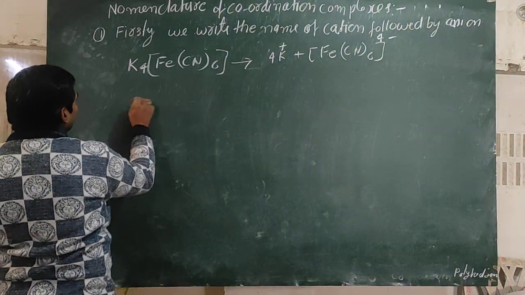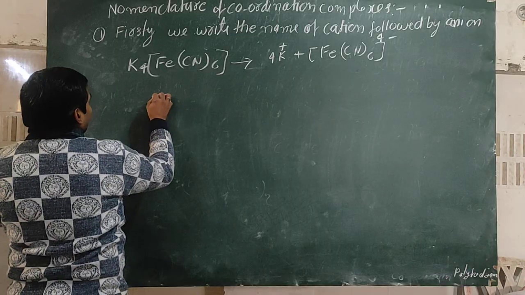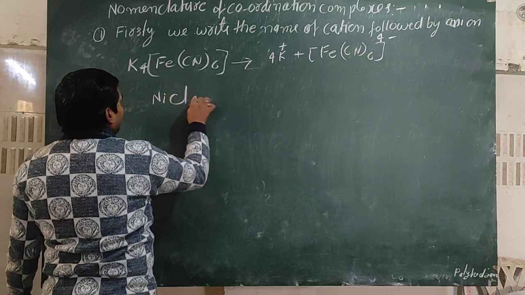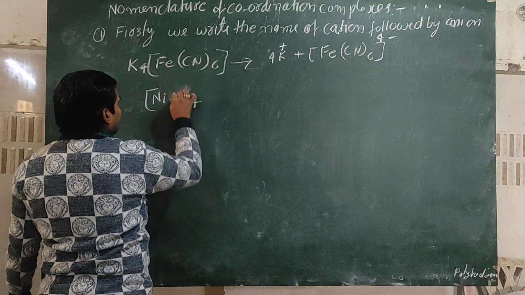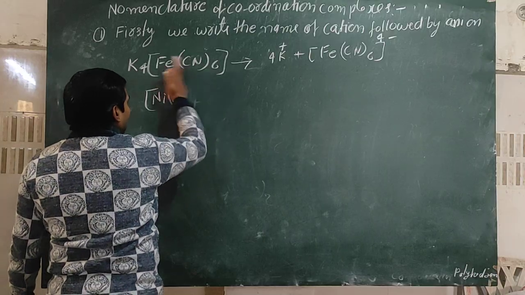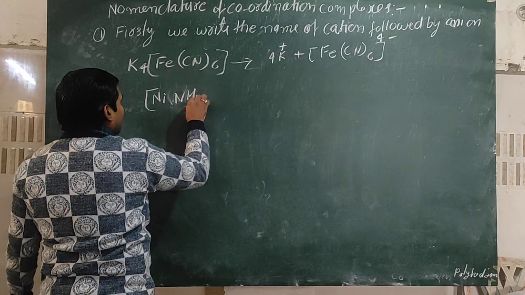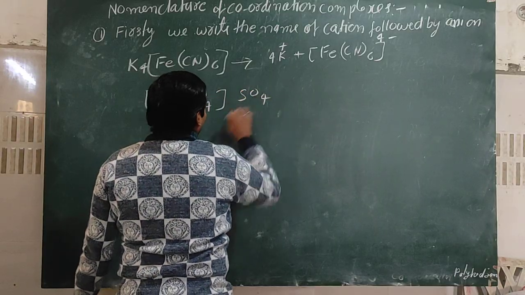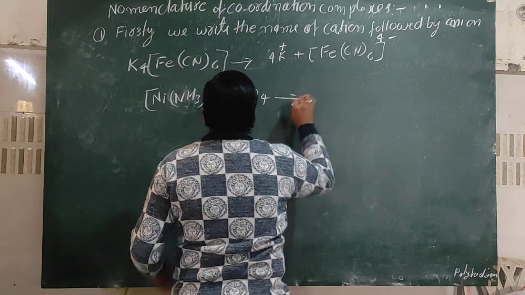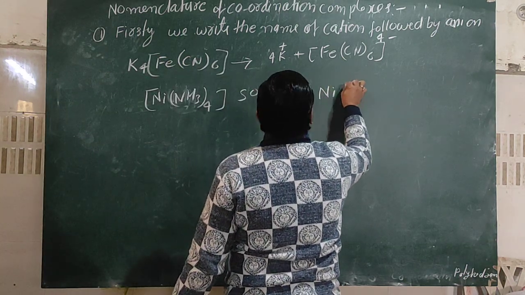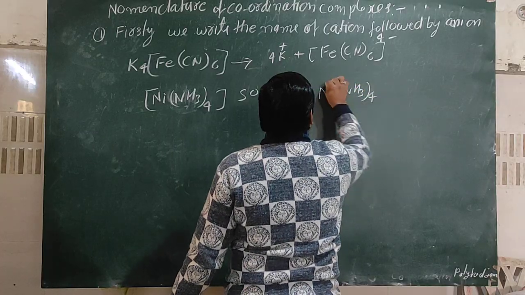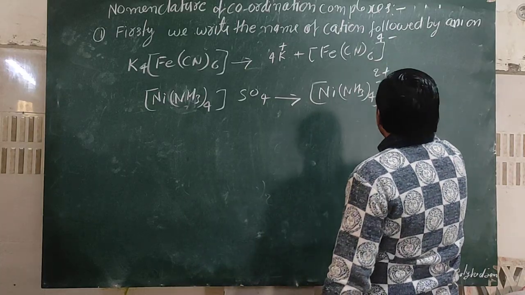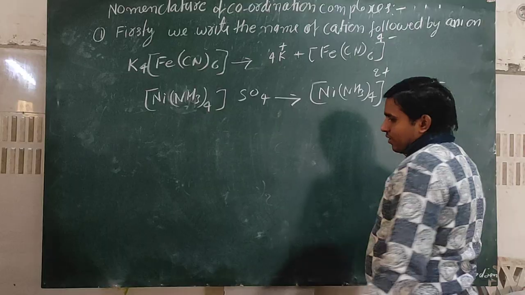For example, if we take [Ni(NH3)4]SO4, in this complex [Ni(NH3)4] is the positive complex and acts as the cation, and SO4 acts as the anion.